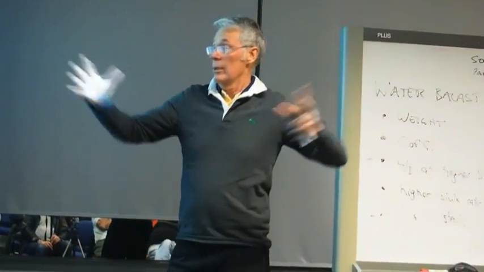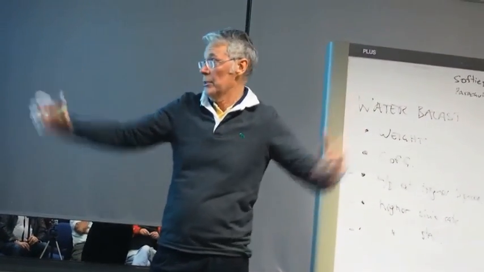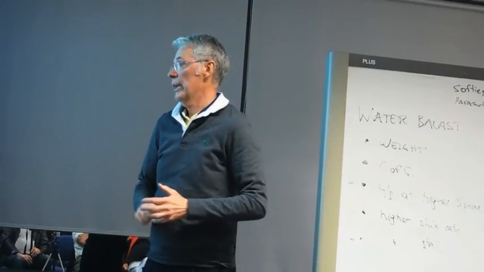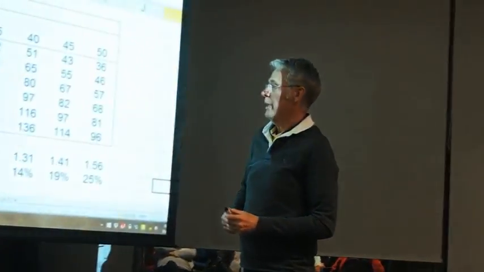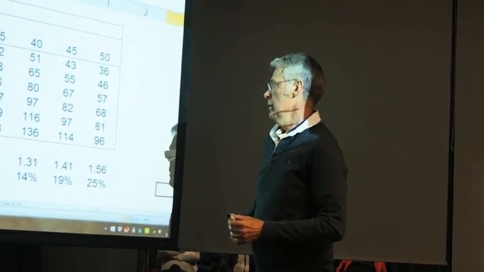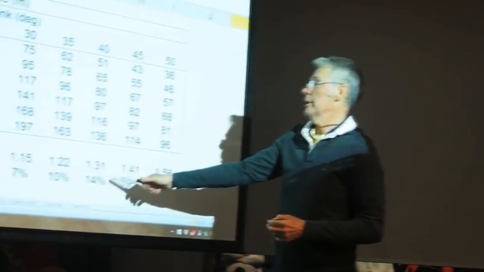So our thermaling circle is about 50% bigger, because of the increase in thermaling speed, basically.